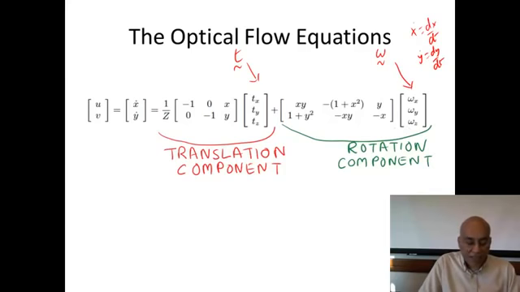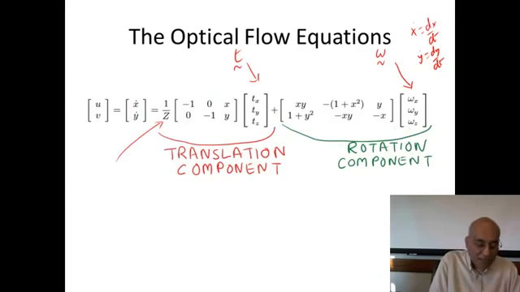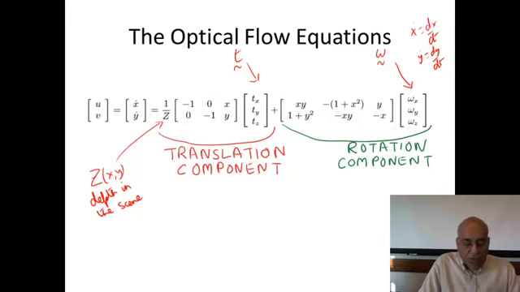and then we have little x, little y. These are just coordinates in the image plane, and then we have this Z, and Z is in general going to be a function of little x and little y, and this is of course depth in the scene. So what do we observe?